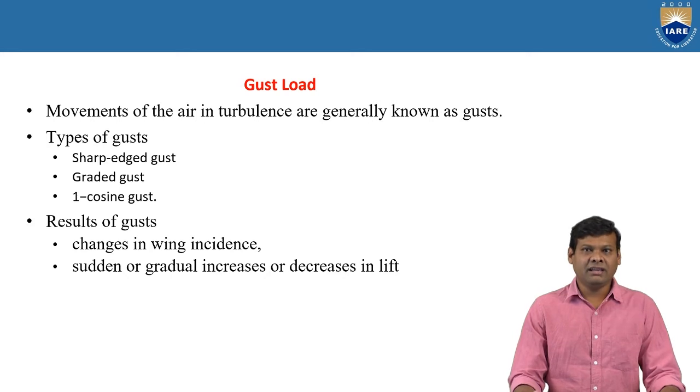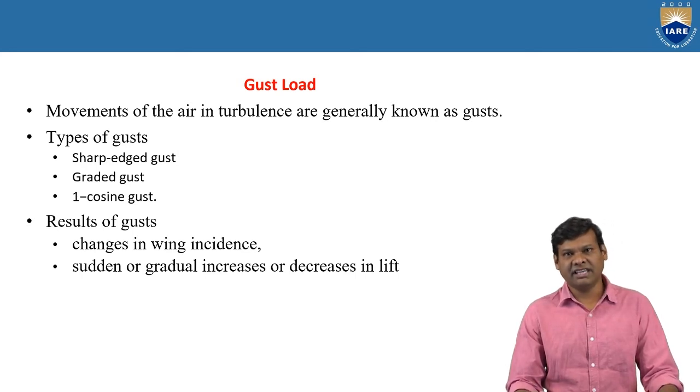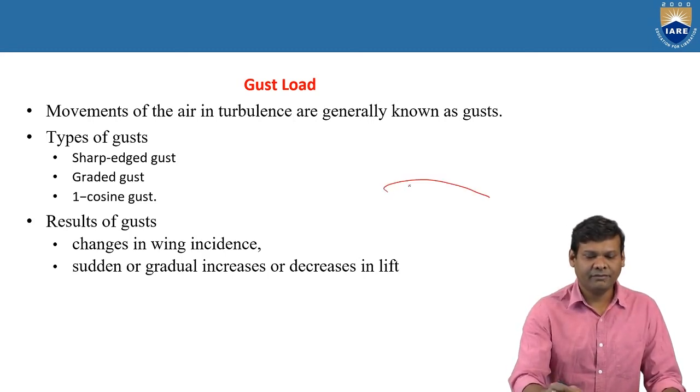Each and every name has its specific history. I would not like to go through the history, but the thing is what happens when an aircraft encounters a gust. When an aircraft encounters a gust, the wing incidence changes. For example, this is an aircraft and this is an incidence angle alpha.